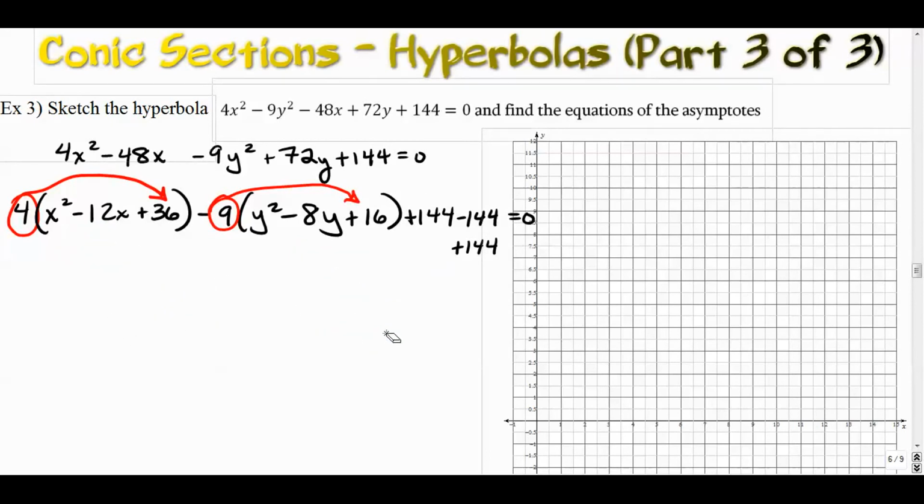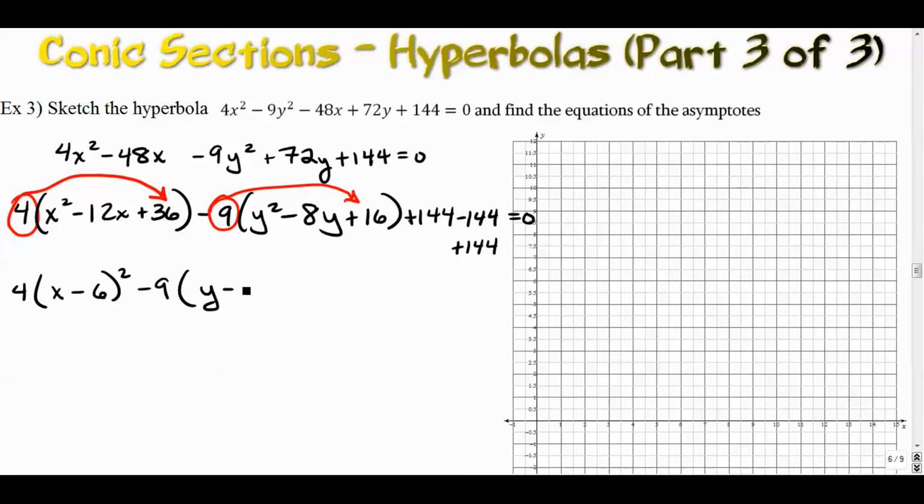Let me get rid of this blue stuff and we'll continue. We now factor this quadratic: x minus 6 quantity squared, and y minus 4 quantity squared. And plus 144 minus 144 plus 144 leaves us with a plus 144.